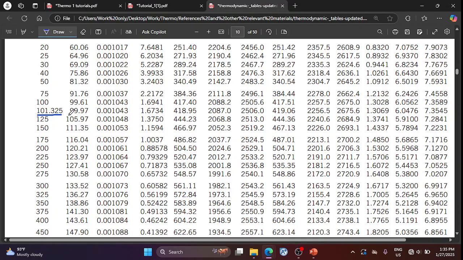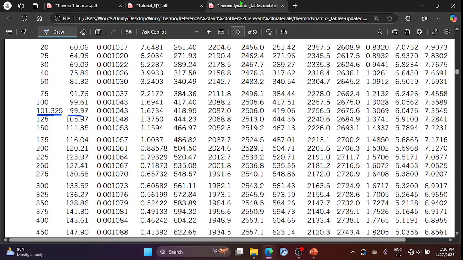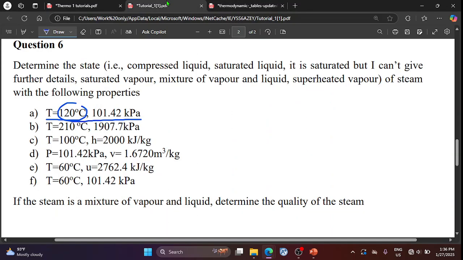instead. Now the temperature is 99.97, but the temperature given to us was 120, right? So if I'm supposed to be at 99.97 to be saturated, and I'm adding more energy by increasing the temperature, then I'm going to become superheated because I'm causing the molecules to move further away, right? So from the question we have, oh, okay.